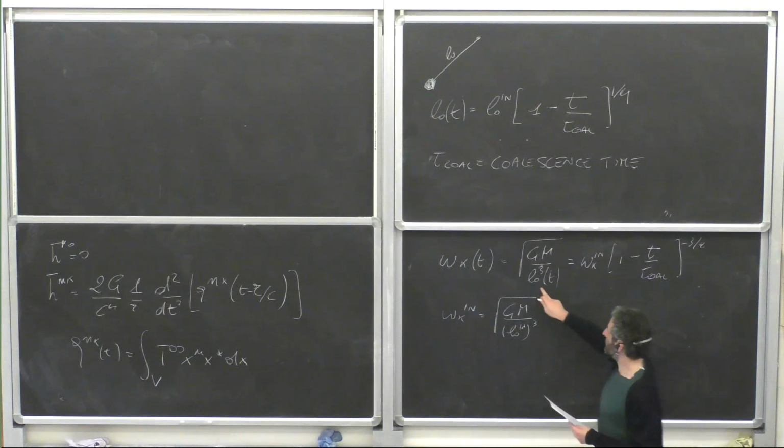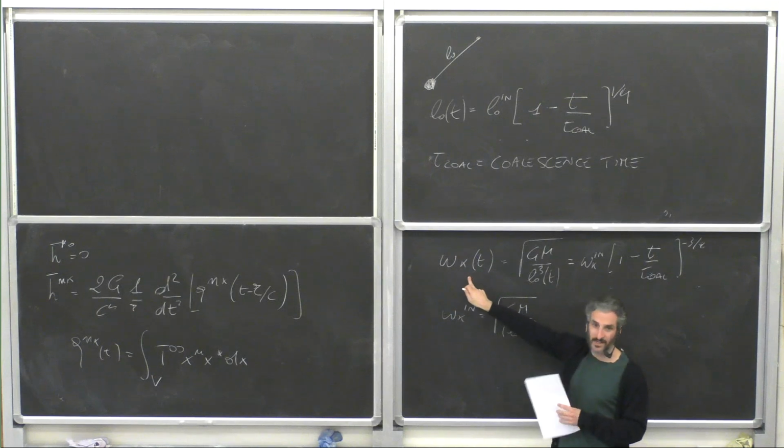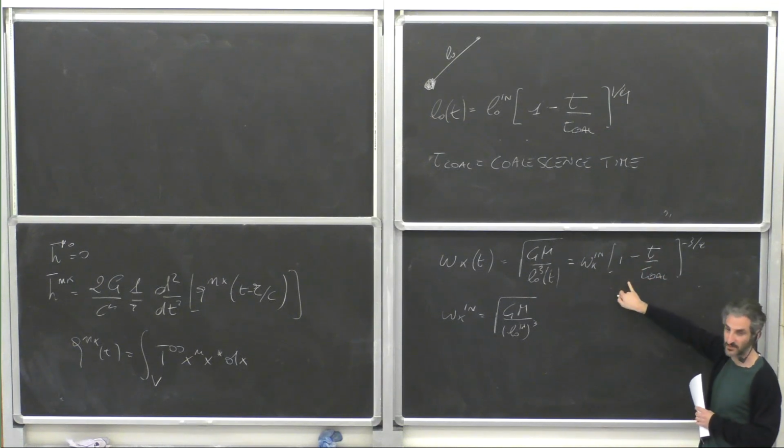So L0 decreases in time, so omega_K increases in time. And since L0 goes to 0 as t approaches t coalescence, you would expect that the frequency blows up and diverges.